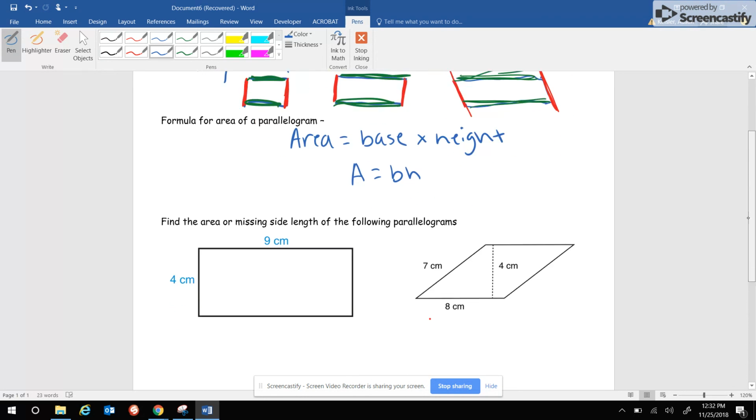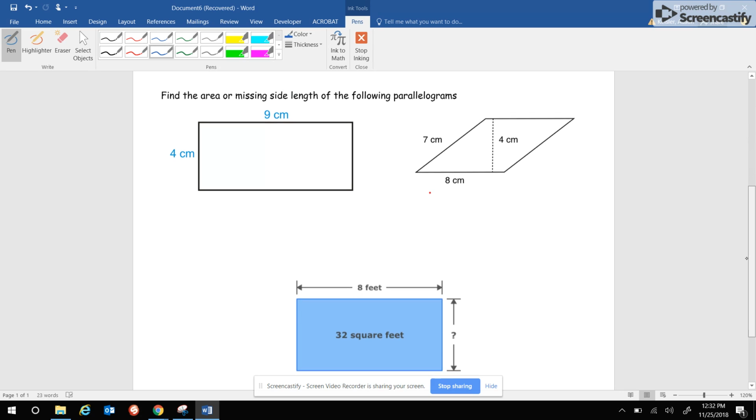So if we're going to do a couple of these, this first one says find the area of this rectangle. According to my formula, I need to multiply the base and the height. Well, my base is right up here, 9, because if that side is 9, so is this side down here. So for area, I would have to multiply 9 times the height of my rectangle, which is 4 centimeters.